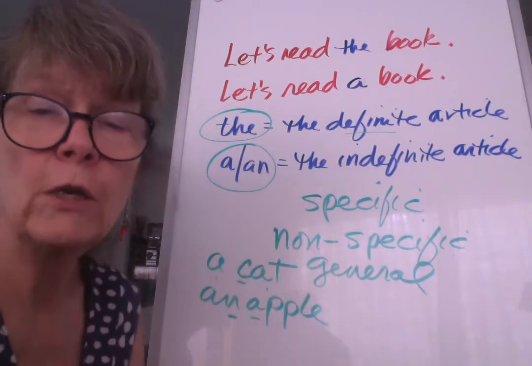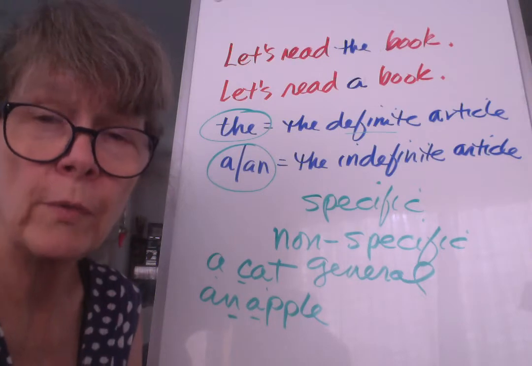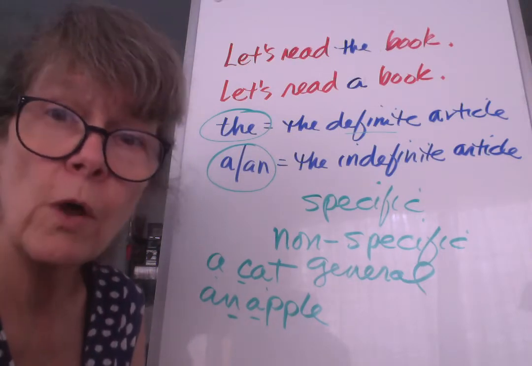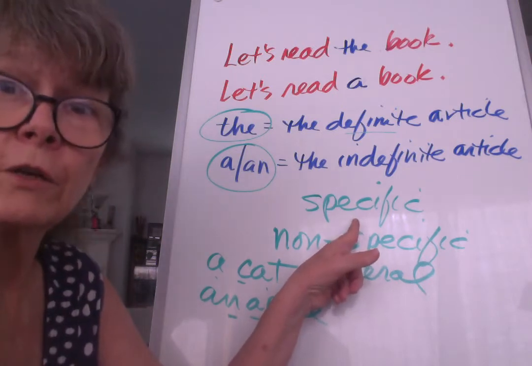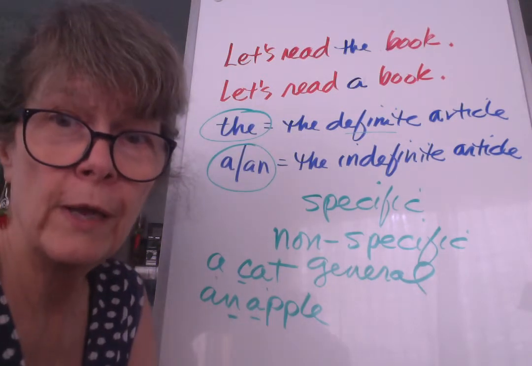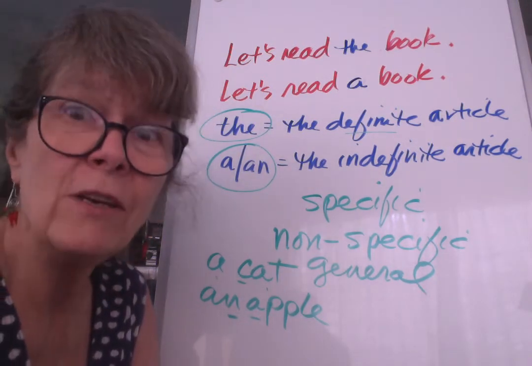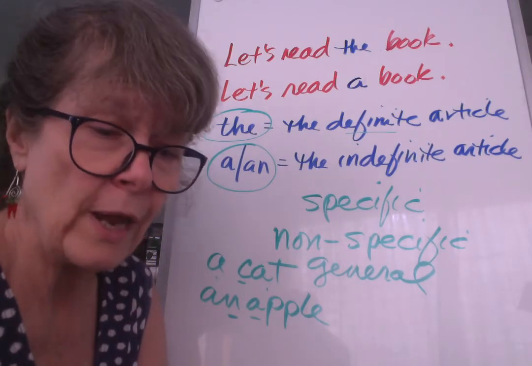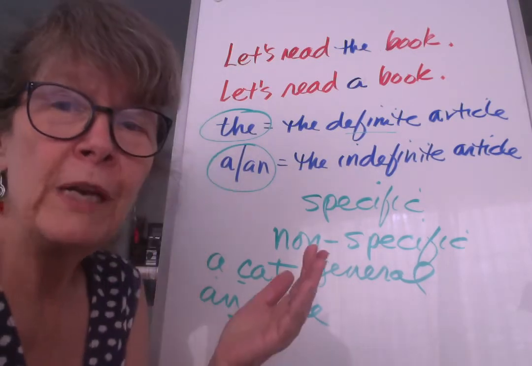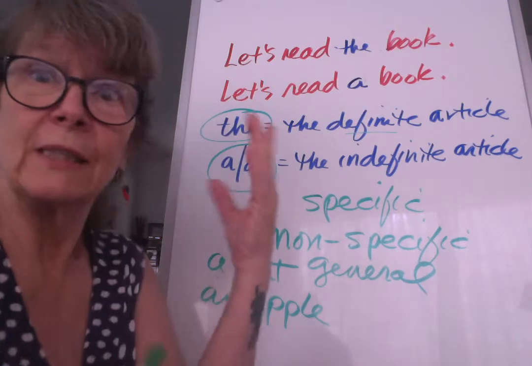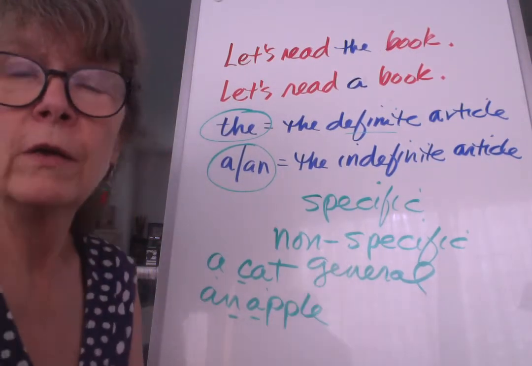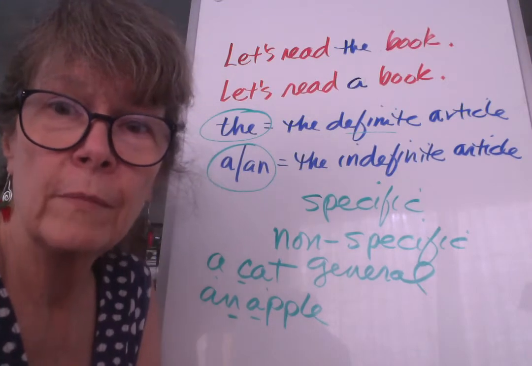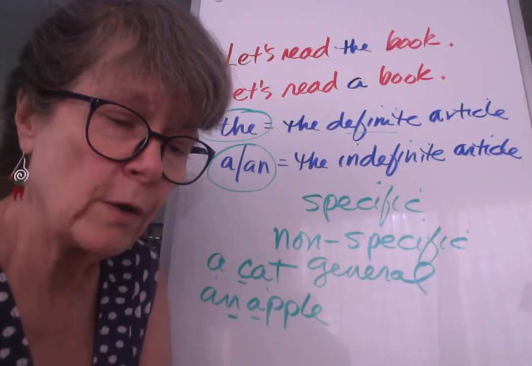That specific dog, the one that bit me, it ran away, right? So I use the dog because it's a specific, particular dog that bit me and ran away. But if I say a dog bit me and ran away, that would mean not that specific dog, but some dog. Some non-specific dog bit me and ran away.